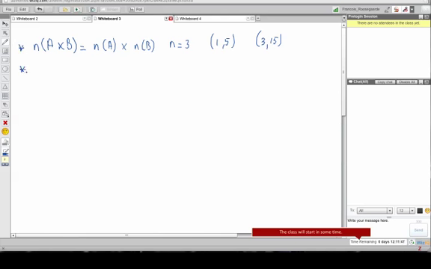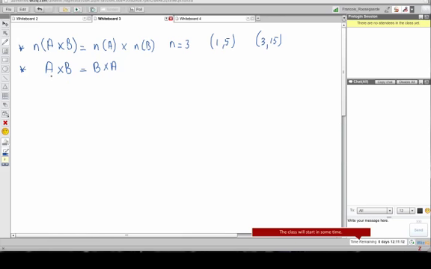Then the second question is, does the commutative law apply? Is it true that A times B equals B times A? Well, we can be very brief on this.